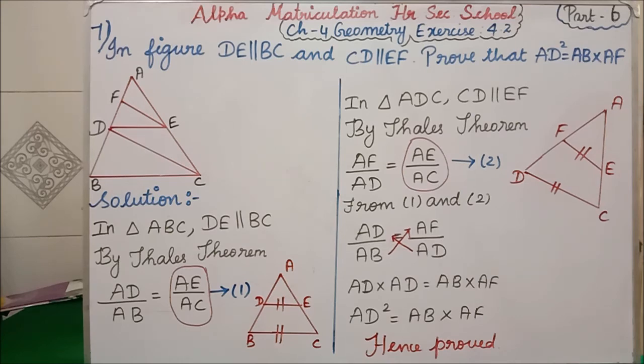From the 8th problem onwards, we are going to see the next theorem, the angle bisector theorem. So up to this 7th problem, it is only Thales theorem and converse. Clear, students? Go through the video 1 or 2 times and get the concepts clearly. Then only you can understand the next theorem.